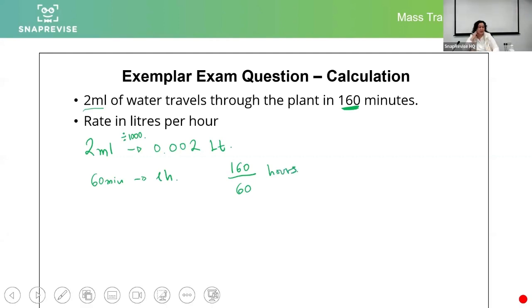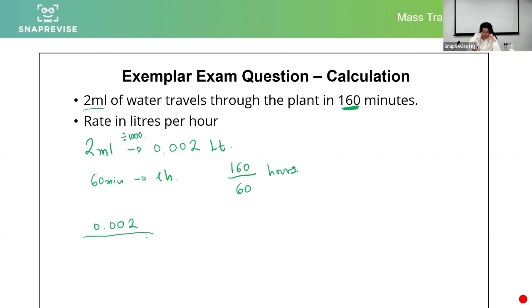So in order to find out the rate, of course, I have to divide the amount of water that travels by the time that it took to travel. So what I will do is I've got my 0.002 liters of water that traveled over 160 over 60.